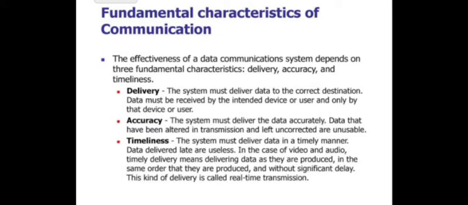It is the first and foremost characteristic of a communication system, that when you start to transfer data, it should reach a particular destination. Accuracy means data should be transferred without error, and timeliness means when you transfer data, it should reach the destination within a particular time.